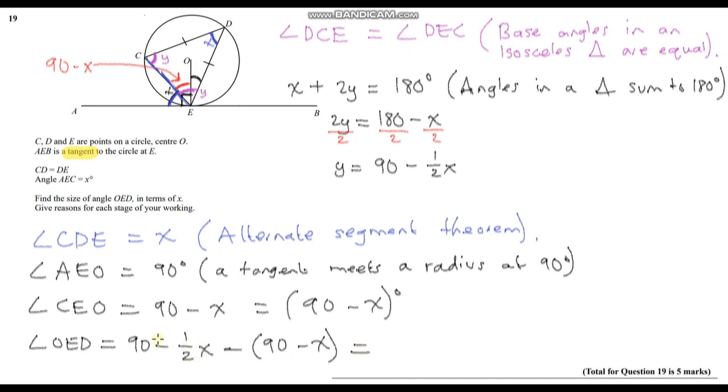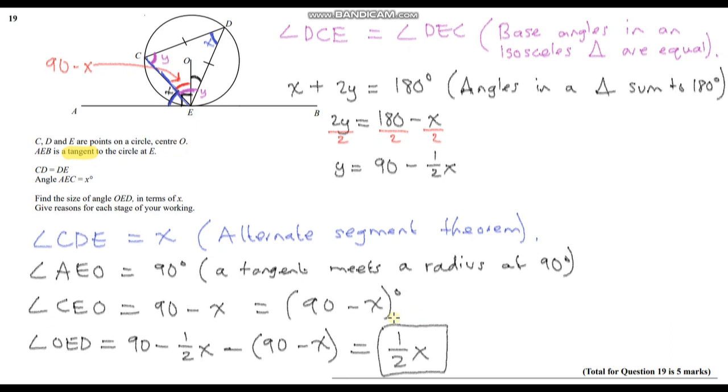So if we simplify this, 90 take away 90, those two terms will just cancel out. And then we've got negative a half x take away negative x. Well, that's just going to be a half x, because that's the same as negative a half x plus x. So our final answer is just a half x.